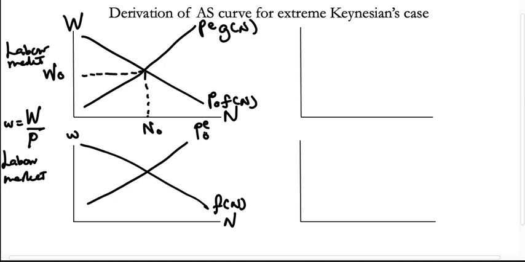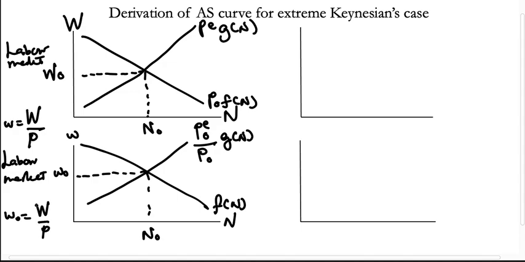This is the initial expected price, PE naught, divided by the initial actual price, P naught, and then we have GN. Alright, so the initial real wage is W naught. Initial employment is N naught. Okay, now small letter W naught is actually equivalent to capital W over P naught. Okay, is it clear? With the initial price level.